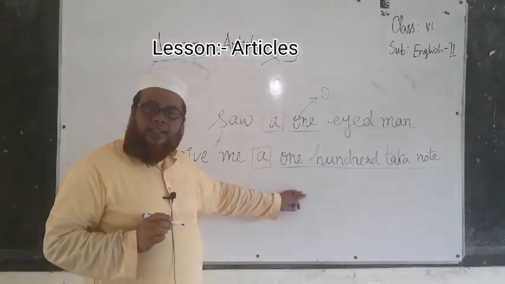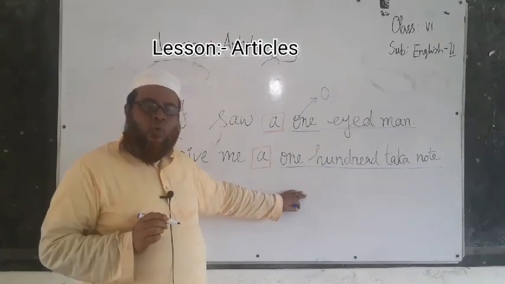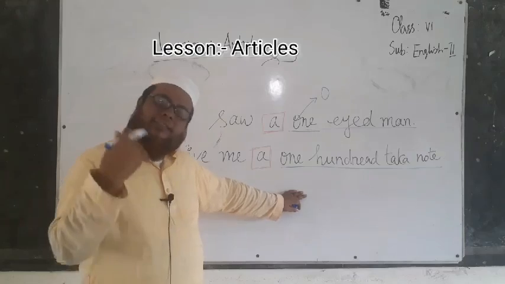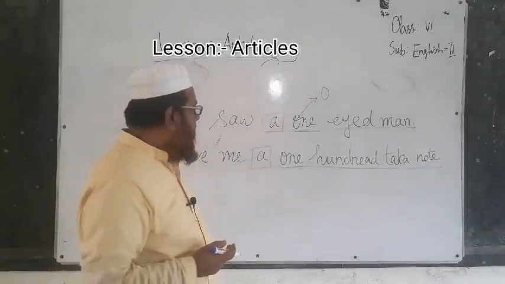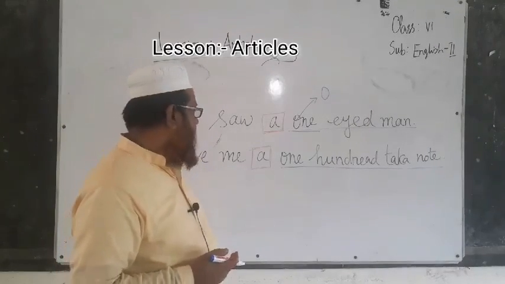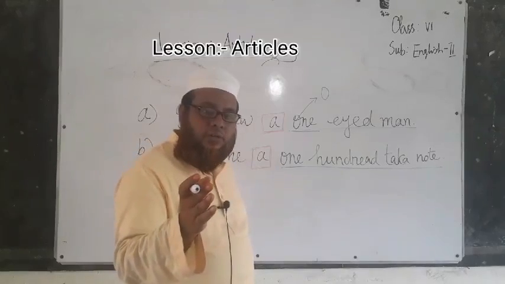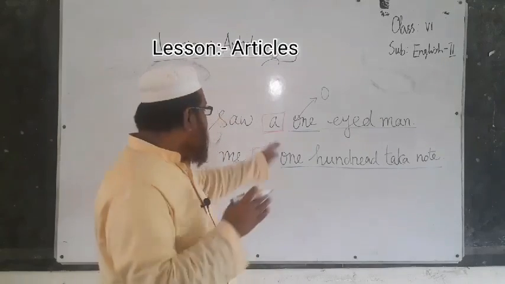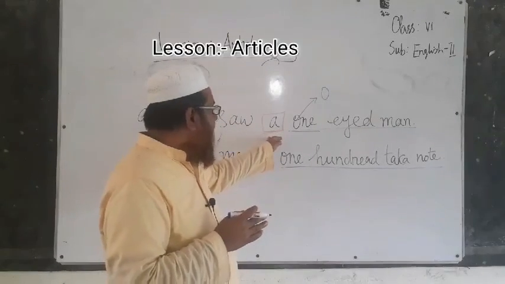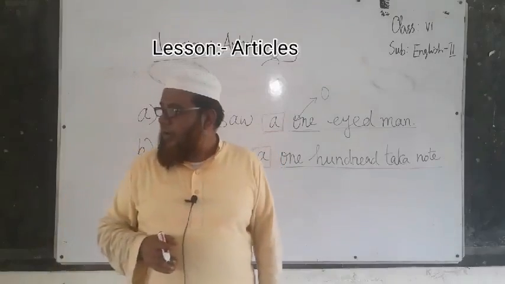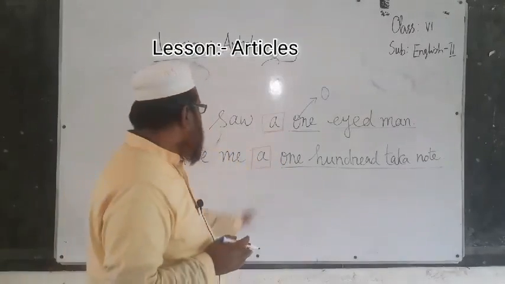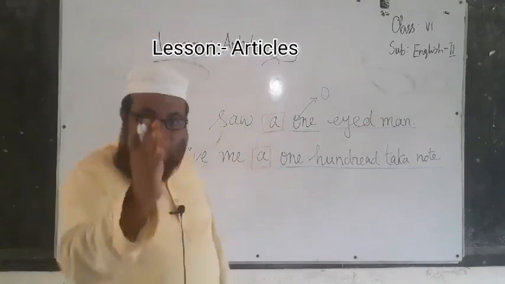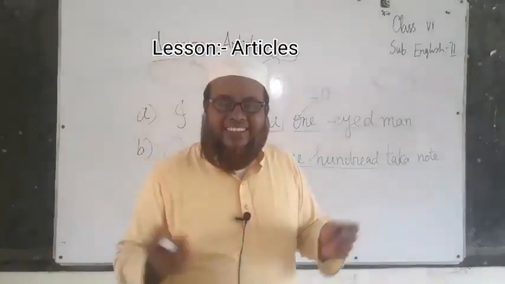And in the next sentence, we are looking at the same thing. My dear student, according to the first rule, we have to use here 'an'. But instead of 'an', we use here 'a'. Your question: why?